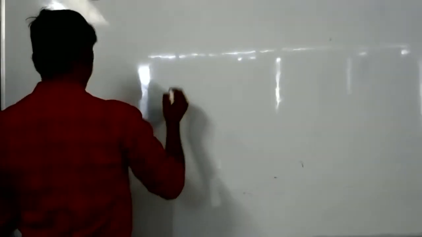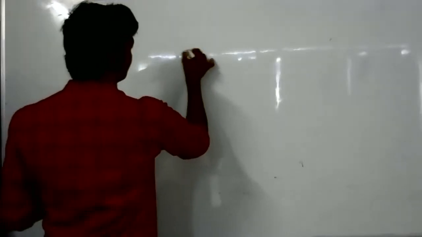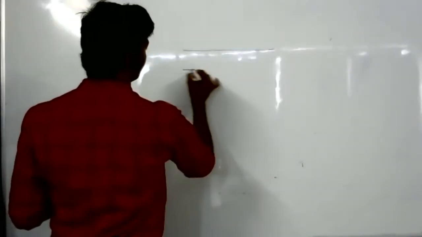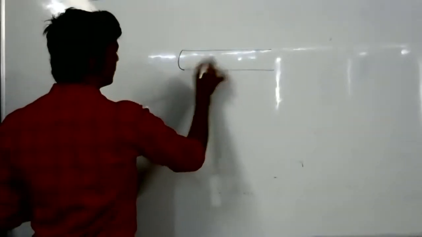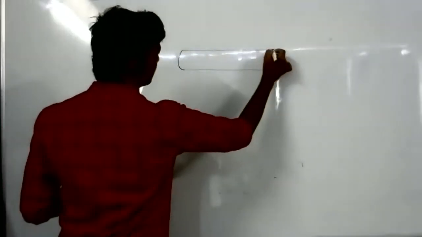First of all, you have to draw the diagram. I will draw on the board. So here side tube is there.